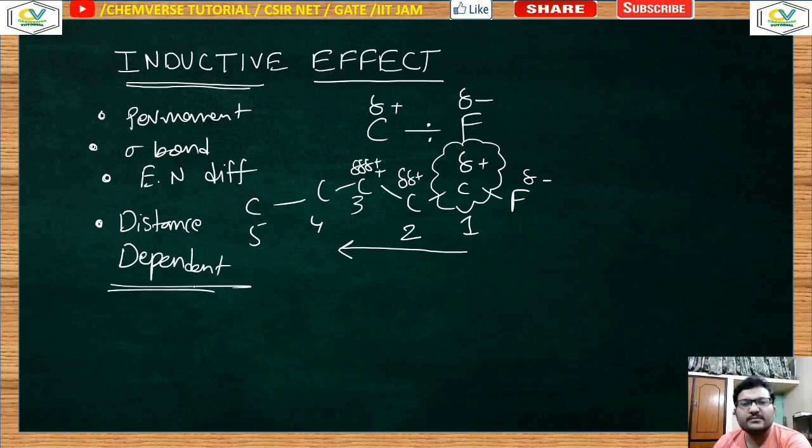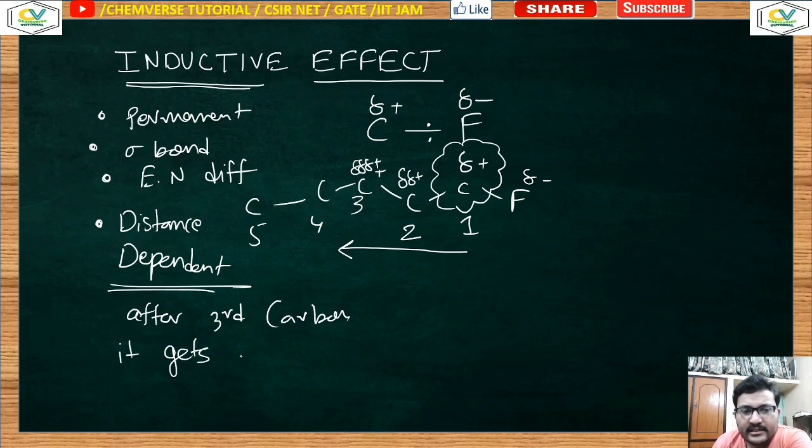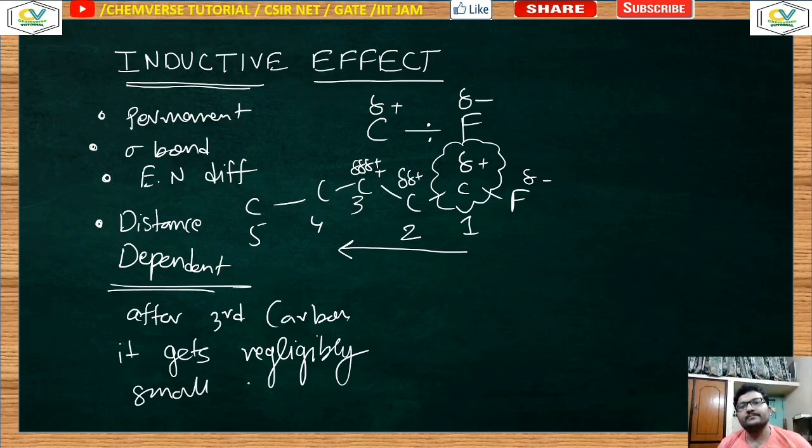After the third carbon, it gets negligibly small, so you can neglect the effect beyond the third carbon. One carbon is inducing positive charge to its adjacent one, and this is why it is called the inductive effect.